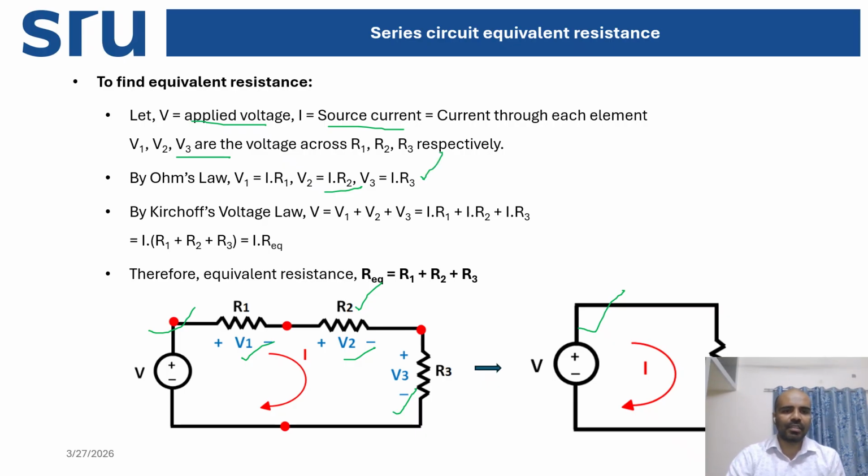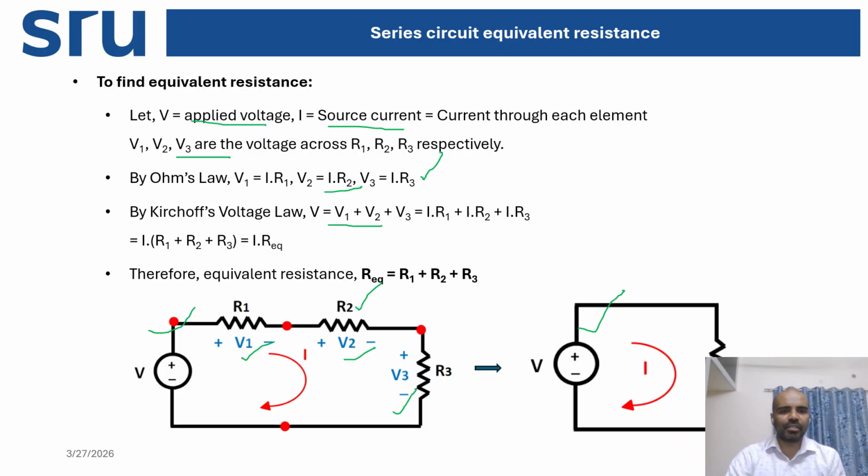As per Kirchhoff's voltage law, the voltage drop across R1 is V1, the voltage drop across R2 is V2 and across R3 is V3, which must be equal to V. So V equals V1 plus V2 plus V3.